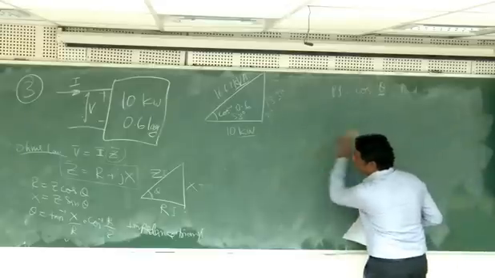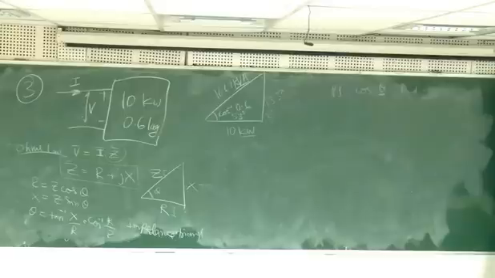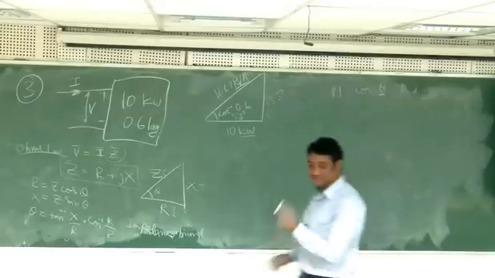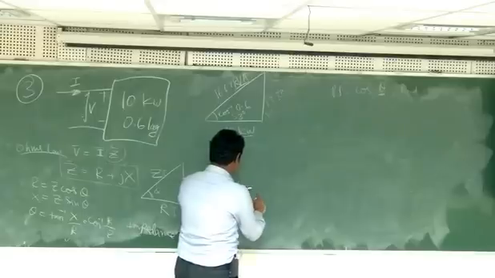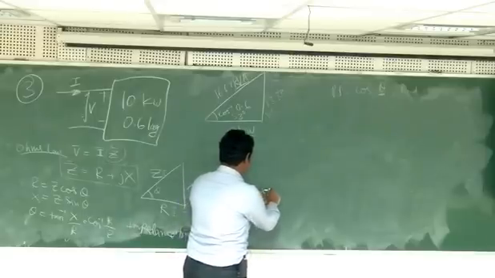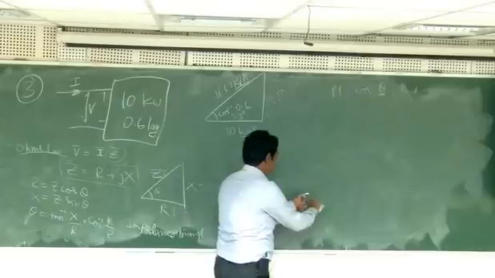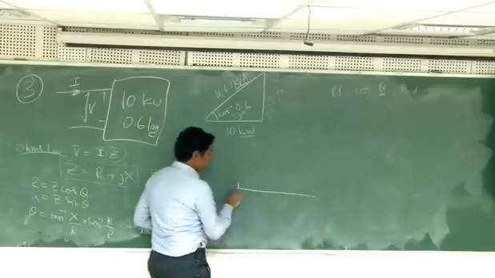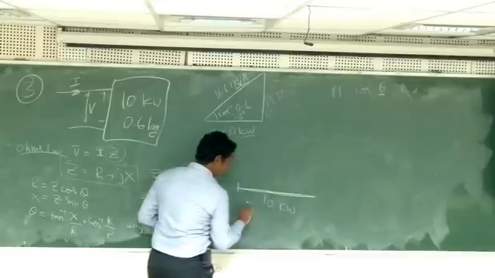By the way, now let's get back. Maybe I'll use proper lengths. So this is 1 kilowatt. I'll start it here: 1, 2, 3, 4, 6, 7, 8, 9, 10. So this is 10 kilowatt, my power.